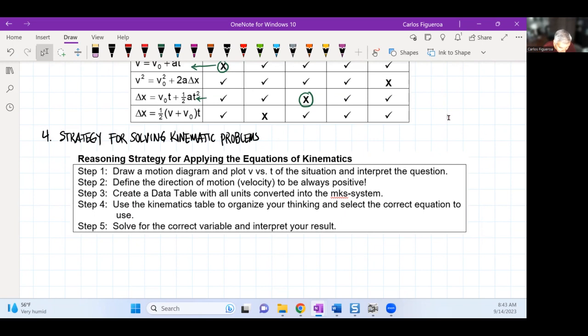So once I do that, I now create a data table with the proper units of meters and seconds. Then step 4, I use the kinematics table to organize my thinking to select the correct equation. In other words, I'm looking for the variable that is not given in the problem. And then finally, step 5, I solve for the correct variable, and then I interpret what is going on here.